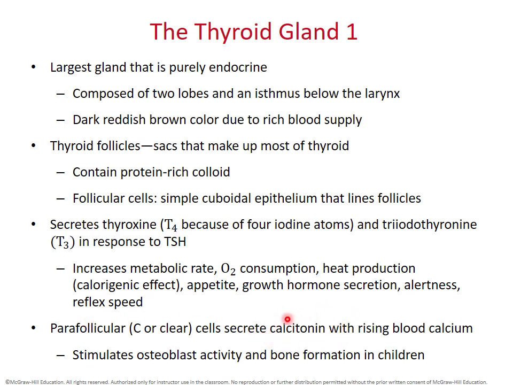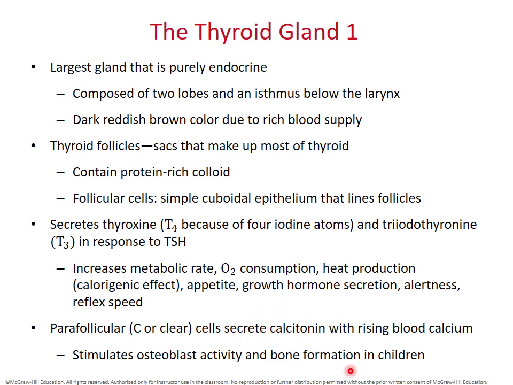You may remember this hormone from AMP1 when we talked about the skeletal system. Remember, calcitonin is a hormone that stimulates osteoblasts to make more bone tissue and so pulls calcium out of the bloodstream. So ultimately the effect of calcitonin is to promote bone formation and reduce blood calcium levels.